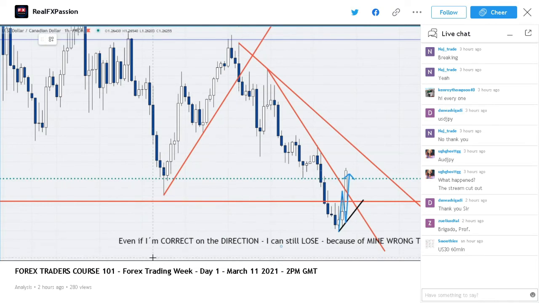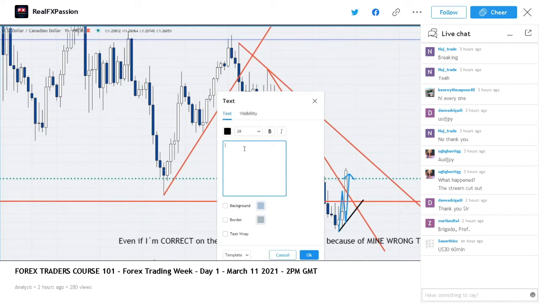So another golden nugget for you, everybody: entering the market prematurely, meaning without any technical reason, and we are talking about direction plus timing, equals bad trading habits.